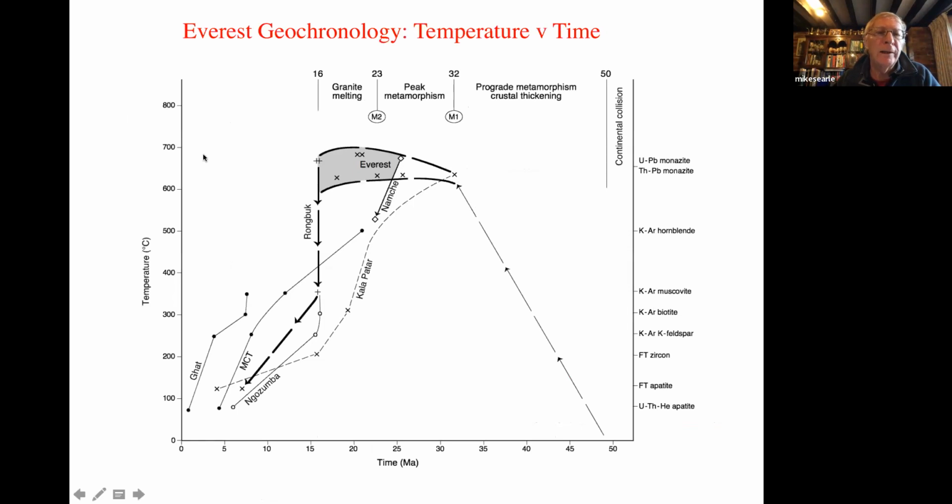When you plot all these ages on a temperature versus time diagram, India-Asia collision is here at 50 million years, with crustal thickening here progressively during prograde metamorphism. The first kyanite grade melts start around here, 35 million years, and then a decompression to sillimanite metamorphism here.